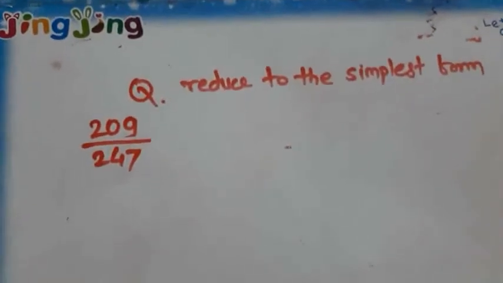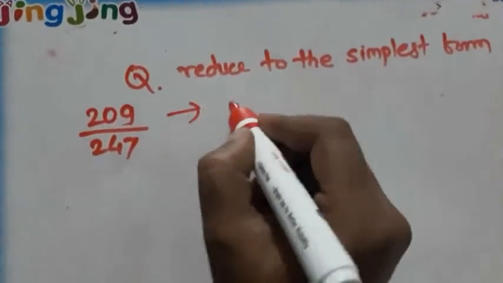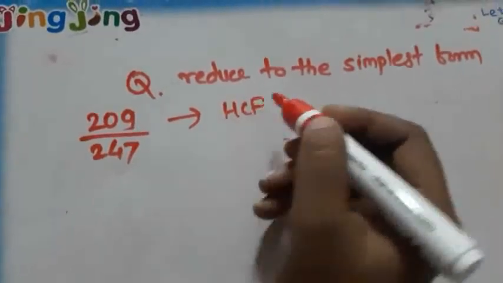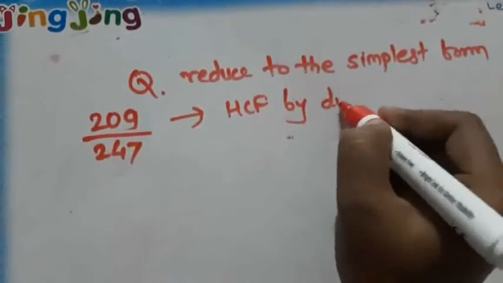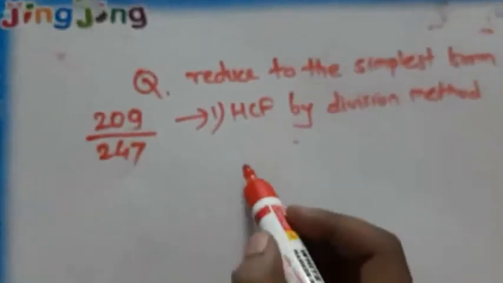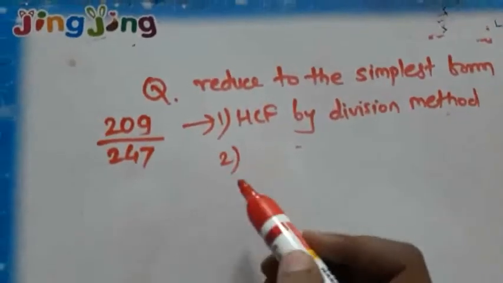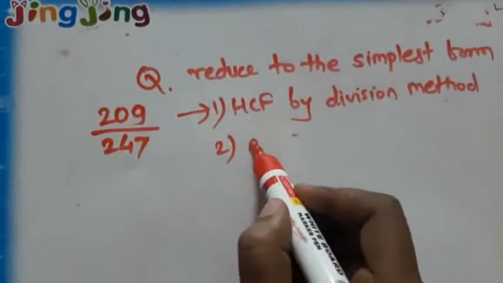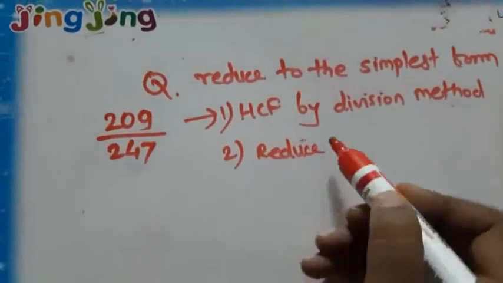So how to do that we will see. What is the first step I told? First, find HCF by division method, and the second step is reduce to simplest form.